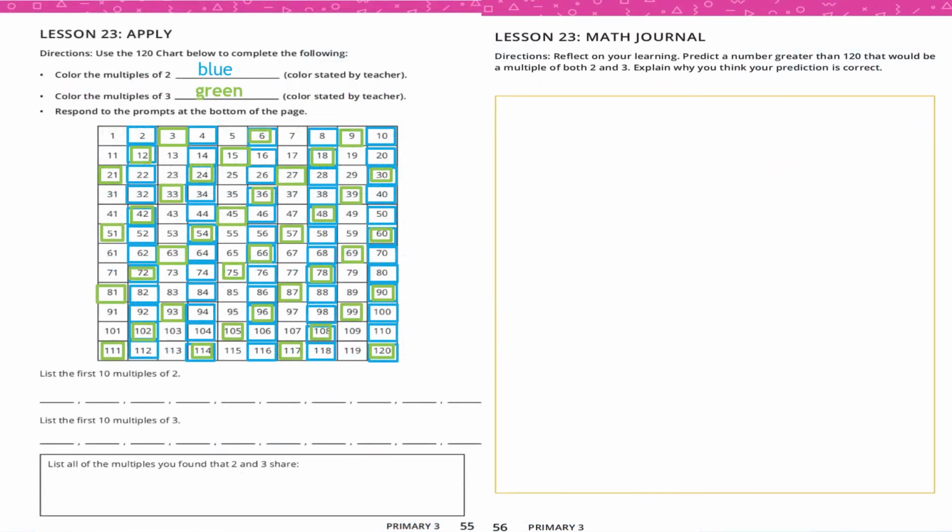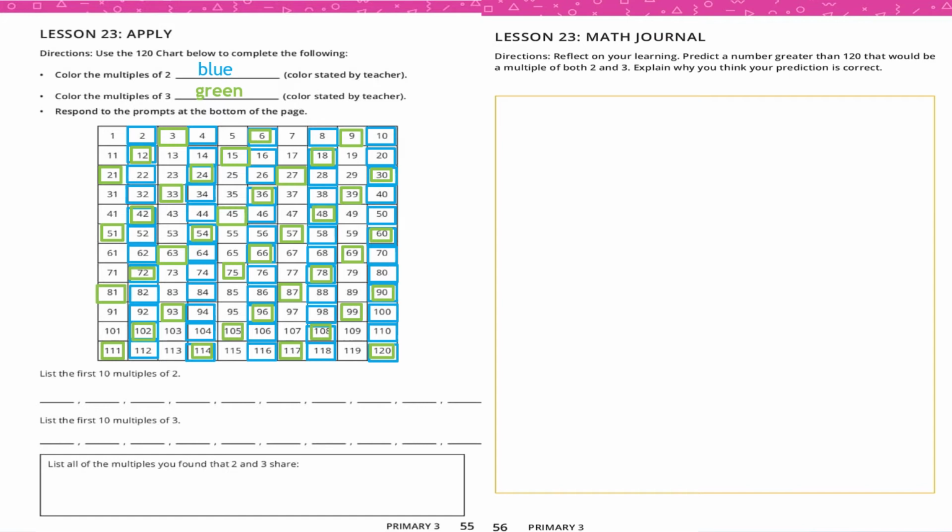Now let's move to lesson 23. It wants me to color the multiples of 2 in blue and the multiples of 3 in green. First, multiples of 2. We said that multiples of 2 are always even numbers, so we will take them as columns. The first column is 1, and after 1 comes 11, 21, 31. All of these are odd numbers, and I want just even numbers.